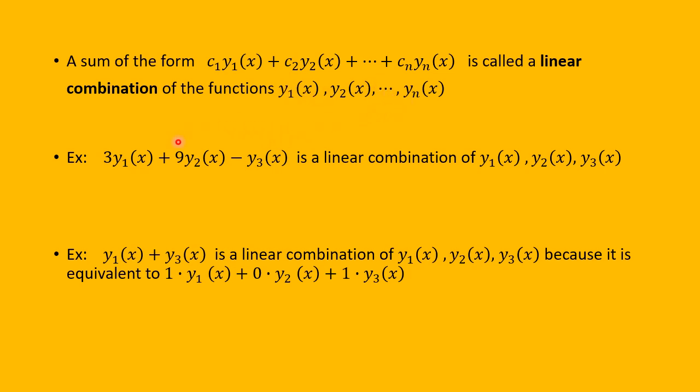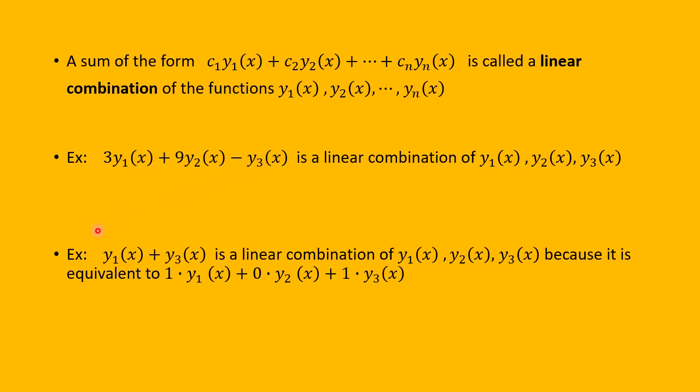Here are a couple of examples. 3 times y sub 1 of x plus 9 times y sub 2 of x minus y sub 3 of x is a linear combination of y sub 1, y sub 2, and y sub 3. Here c1 is 3, c2 is 9, and c sub 3 is minus 1, because this last term could be written as plus minus 1 times y sub 3.